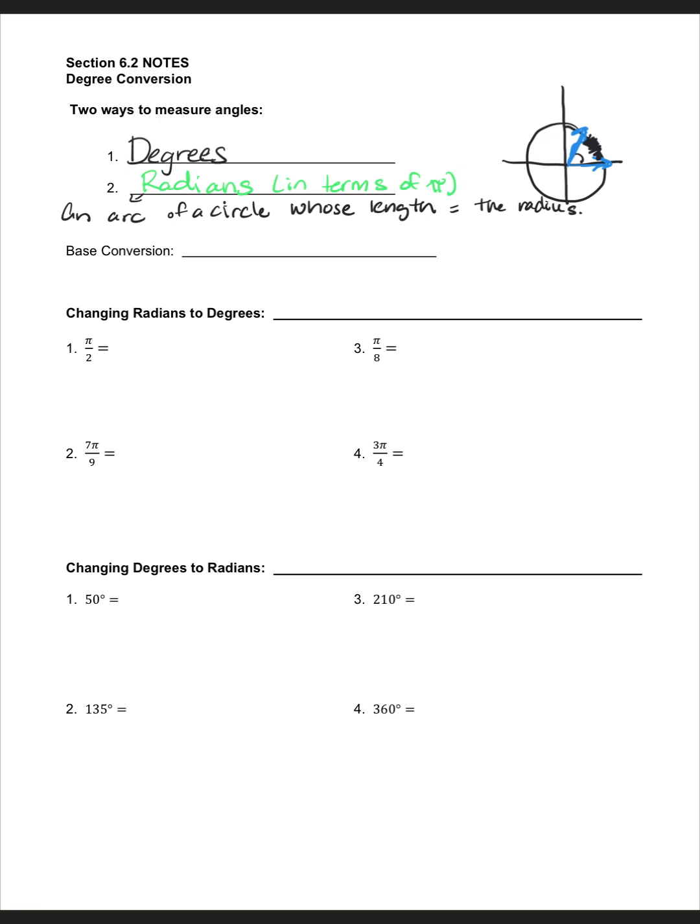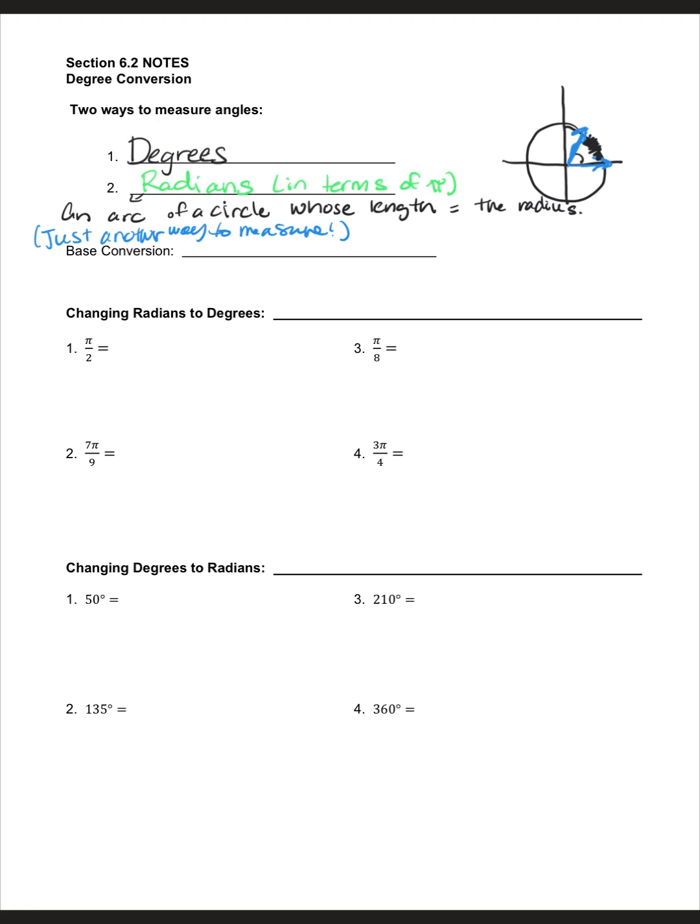Again, it's just another way to measure. Okay, just another way. So I wrote all over it.